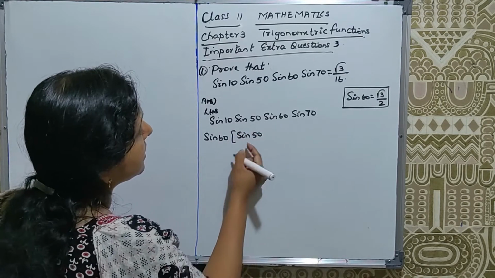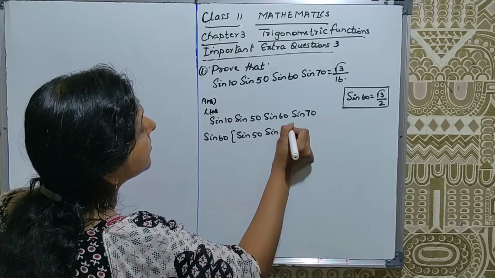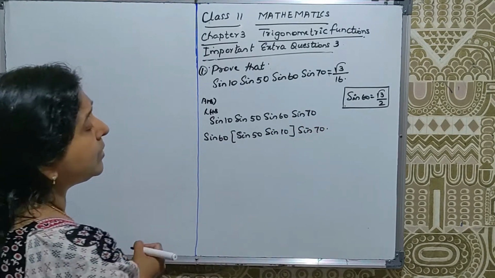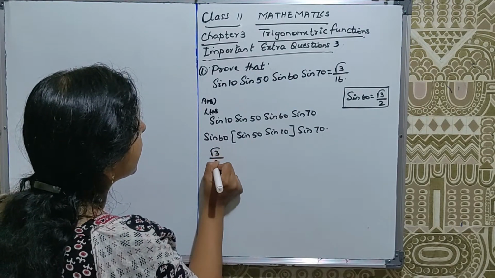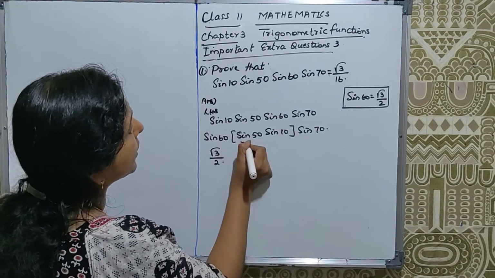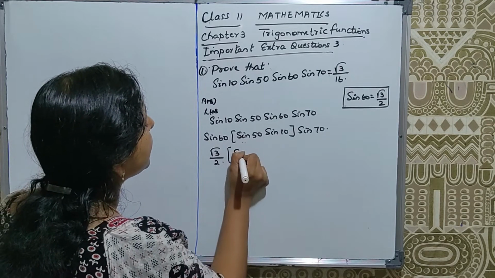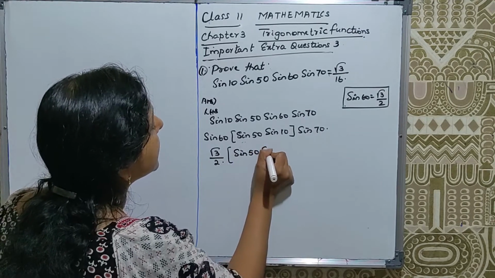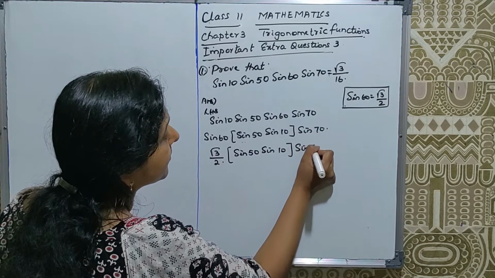I'll write that one inside the bracket first, sin 10 second and sin 70 outside. Now sin 60's value you know, root 3 by 2. And since we want to apply the product rule, once more I'll write it. So it will be sin 50 and sin 10 into sin 70.